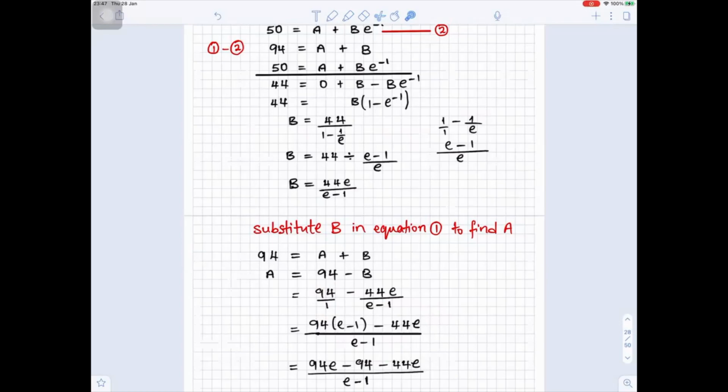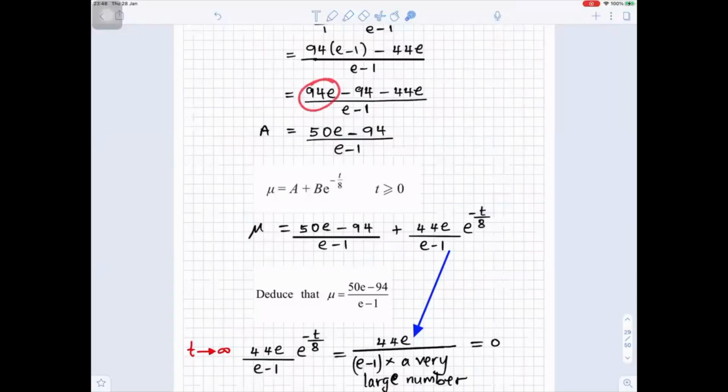So you do the upside down table method. 94 times e minus 1, minus 1 times 44, divided by 1 times e minus 1. So 94 times e is 94e. 94 times minus 1 is minus 94. Minus 44e, divided by e minus 1.